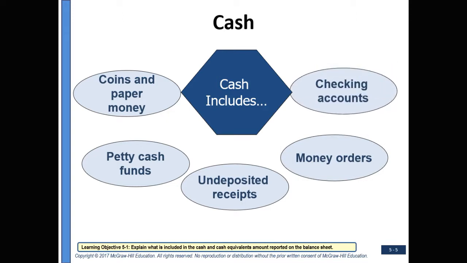So let's start with the word cash. Cash really does mean a lot of different things. Cash itself includes the actual coins and the paper money that you have on site. It includes those little petty cash funds that may be in place.